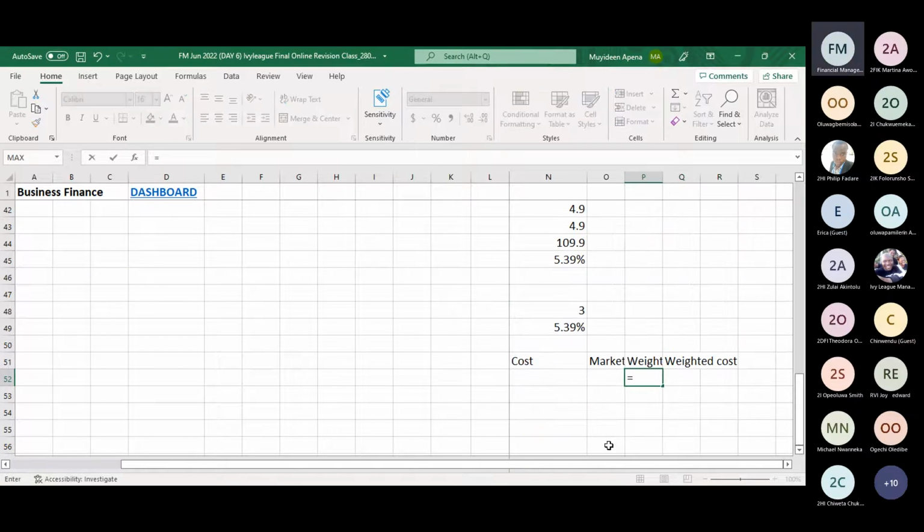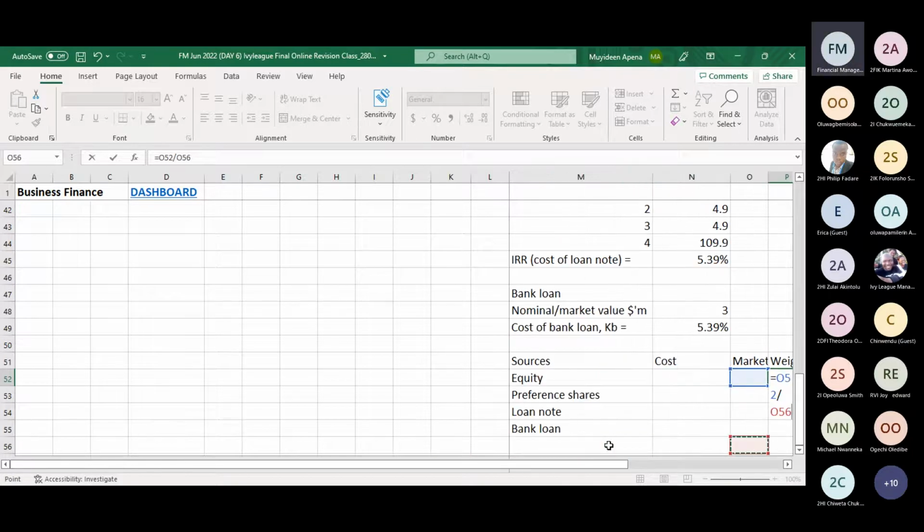The weight of value is going to be the market value of that instrument divided by the total. Total will be here.